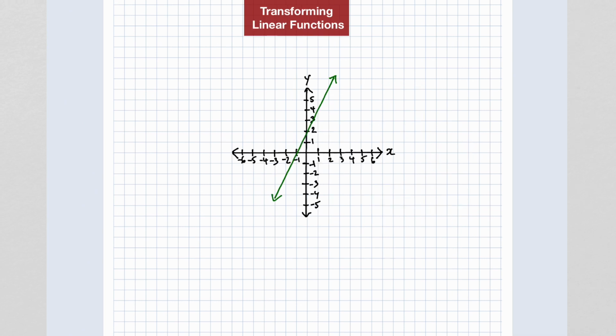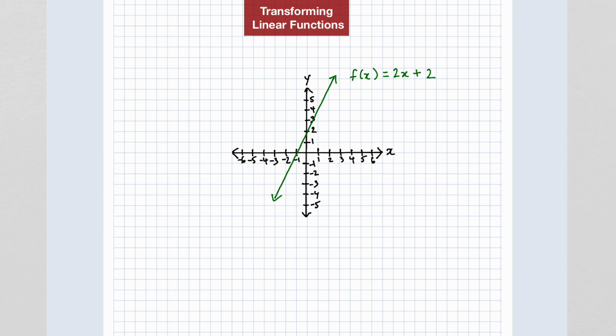Now, here we have a function in green, and we're going to call this f of x is equal to, and the slope is 2, with a y-intercept of 2. Okay? So the y-intercept here is 2, and we have a slope of 2 because if we rise 2 and we run over 1, that's 2 over 1, which gives us a slope of 2.